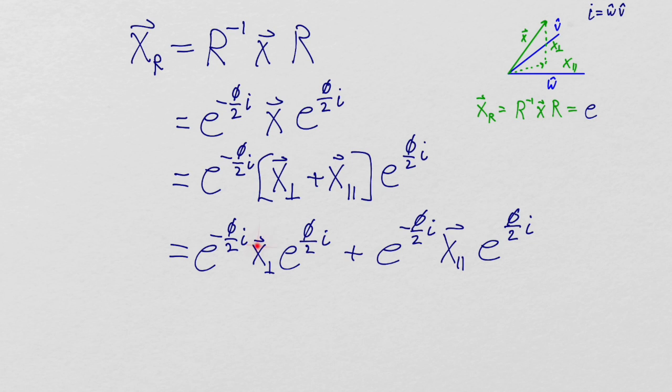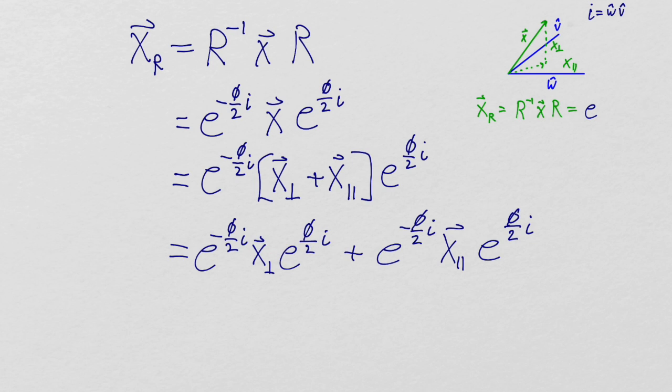If the vector is perpendicular to the bivector in the argument of the exponential, then this geometric product, which remember is a geometric product of two vectors, so a bivector plus a scalar, will just straight up commute.